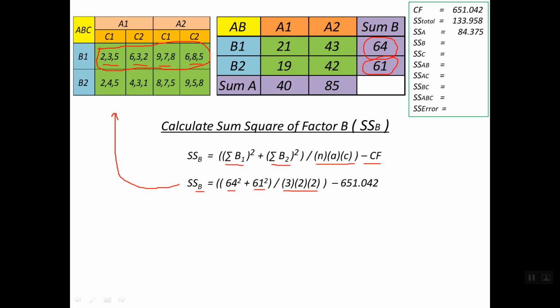Here we are calculating SSB, for B. So we have N, and we have A, and we have B, and we have C. Since we are calculating for B, the rest is N multiplied by A multiplied by C. Or simply you can count from the main table as I have done.